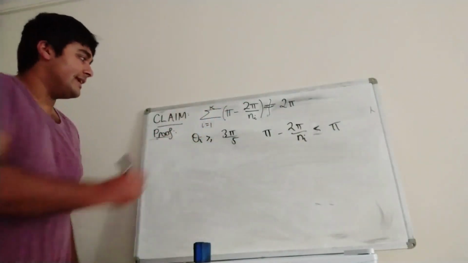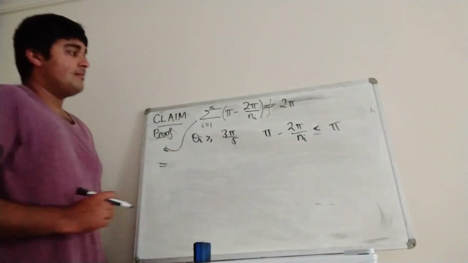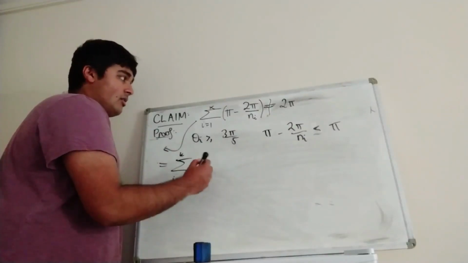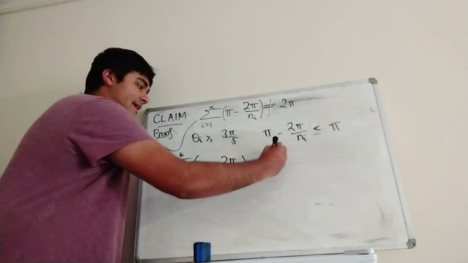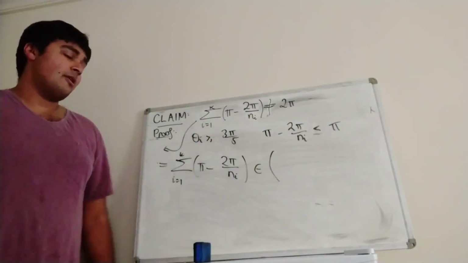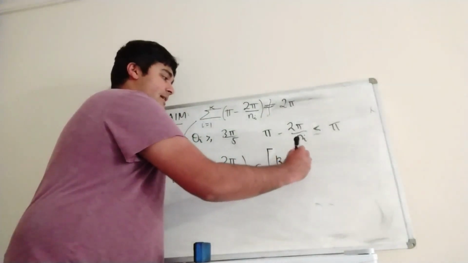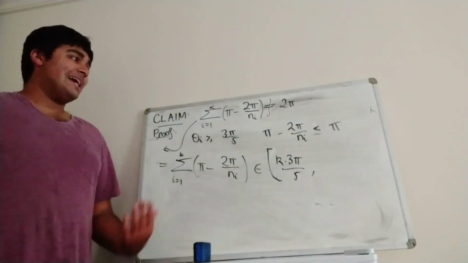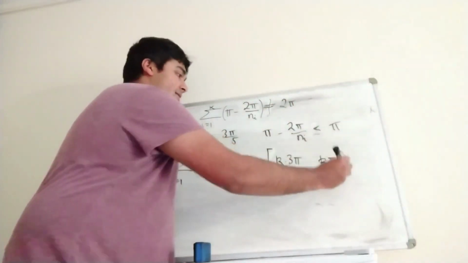So the sum from i equals 1 to k of pi minus 2 pi over n_i is bigger than or equal to k times 3 pi over 5. But what's its maximum? Each of these has maximum pi, so the maximum is k pi.